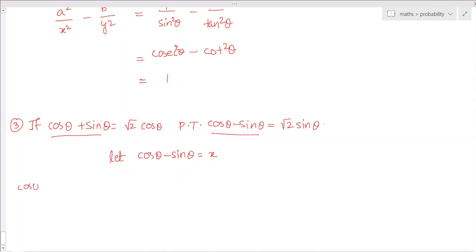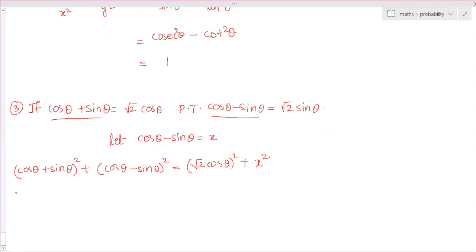So it is cos theta plus sin theta whole square plus cos theta minus sin theta whole square. And that is equal to, the value of this we know, root 2 cos theta whole square plus x square. The value of this is x square, since we have taken it as x. So by simplifying this equation, we have to calculate the value of x.